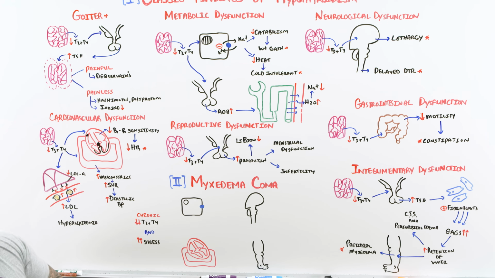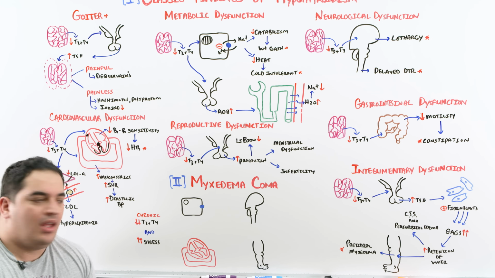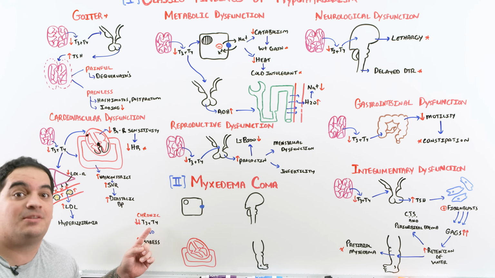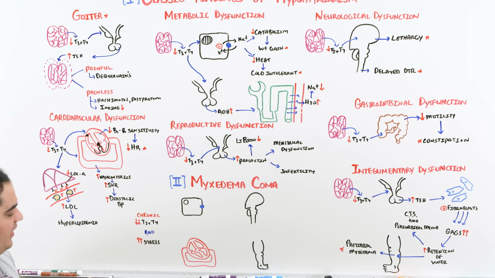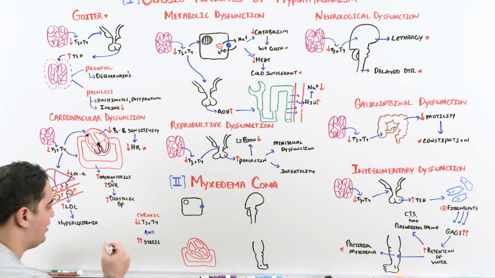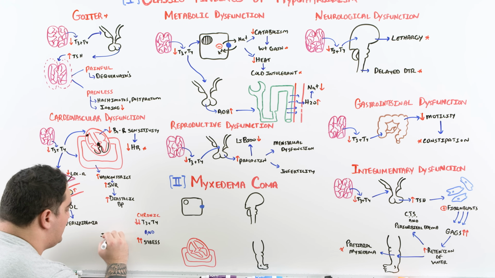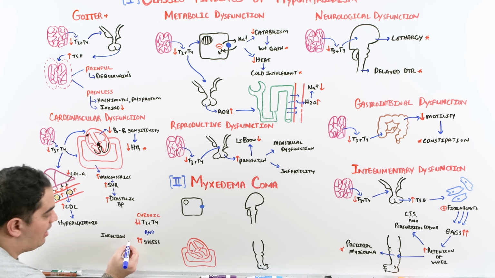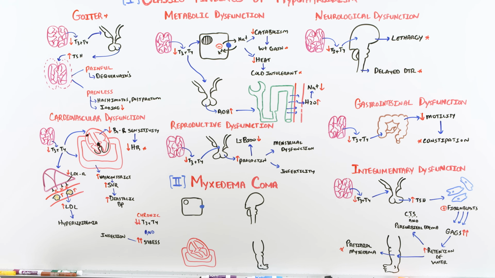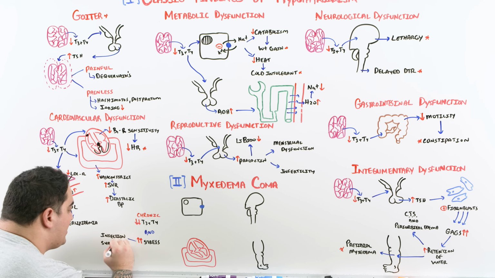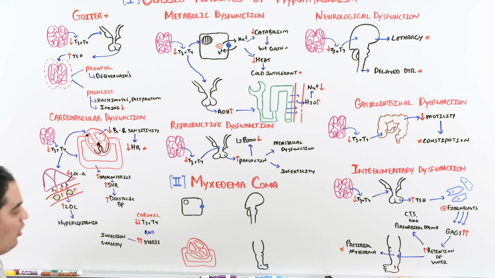Now, what happens is this stressor that is occurring in these patients who have chronic hypothyroidism is very specific. What are some of these stressors? Some of these stressors could be infection. So if a patient has what's called sepsis, that can really produce a very large metabolic demand on the body. Another one is just if they had surgery. So if you had surgery, your body is going into this catecholamine surge, and that could also produce a lot of stress on the body.